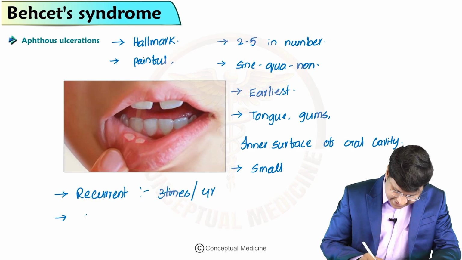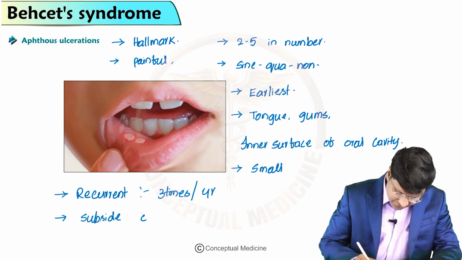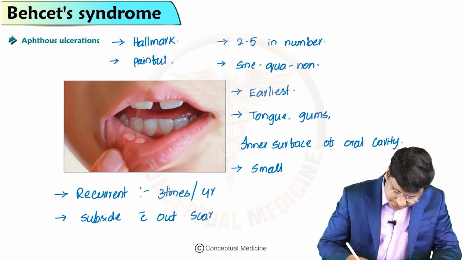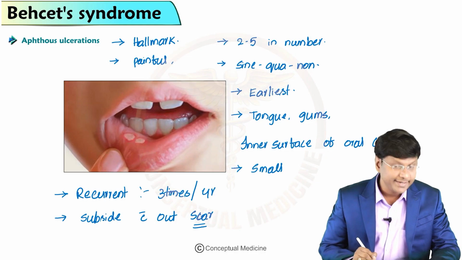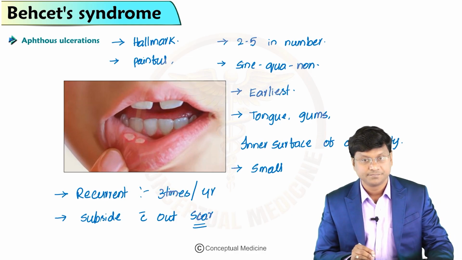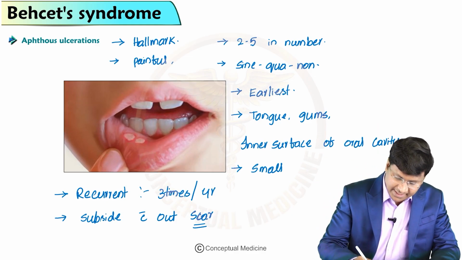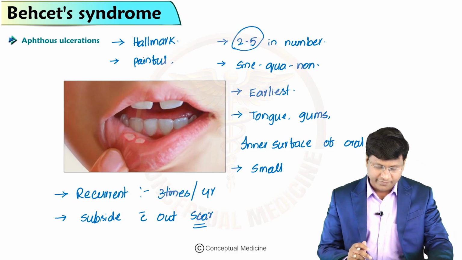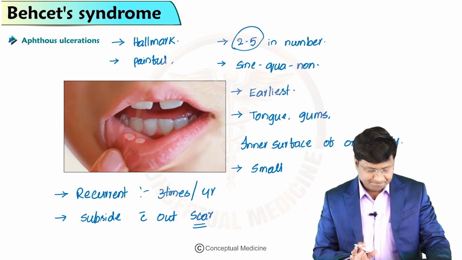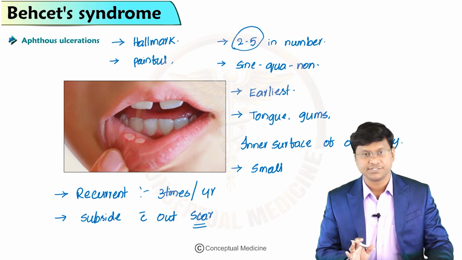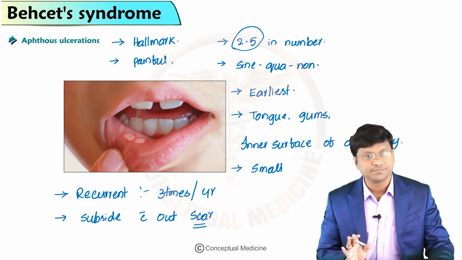So these ulcers subside without scar formation. And whenever the ulcers appear, they are almost 2 to 5 in number. So this is about the aphthous ulceration, that is, recurrent oral ulcers.